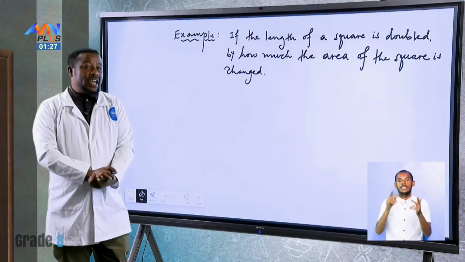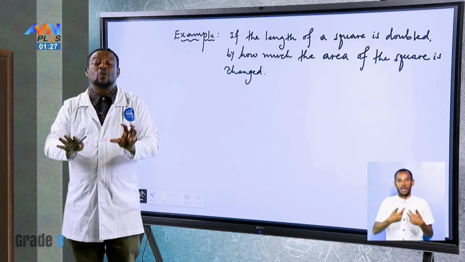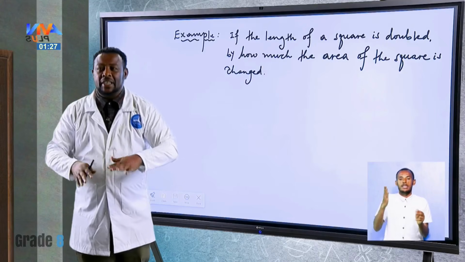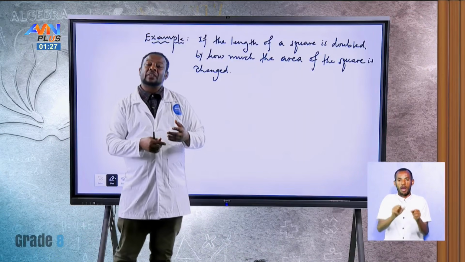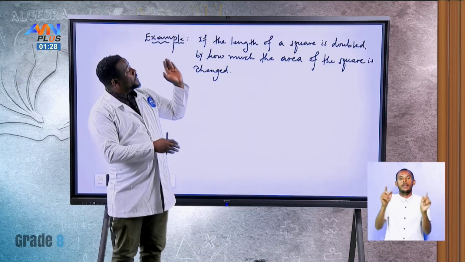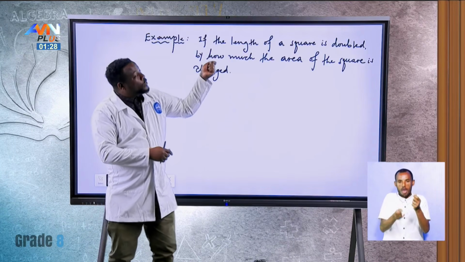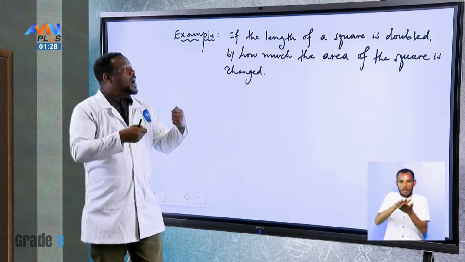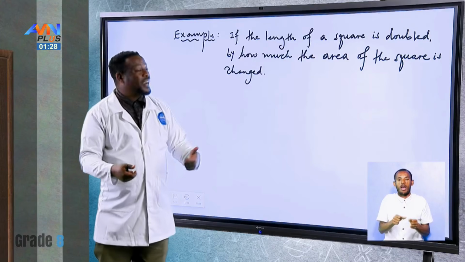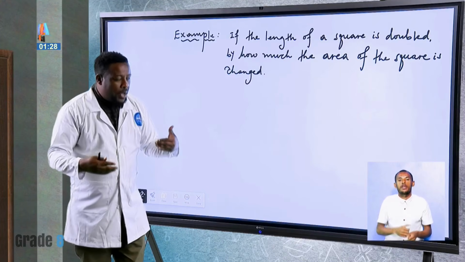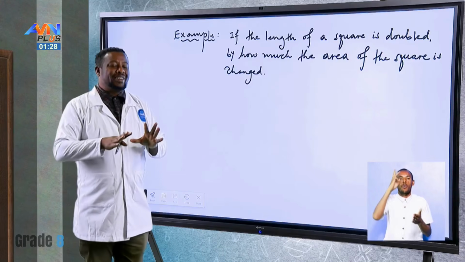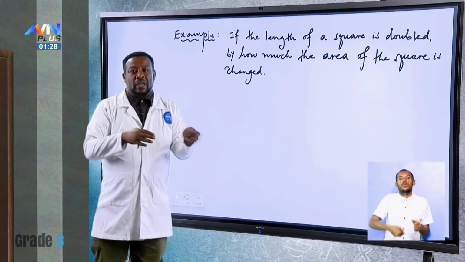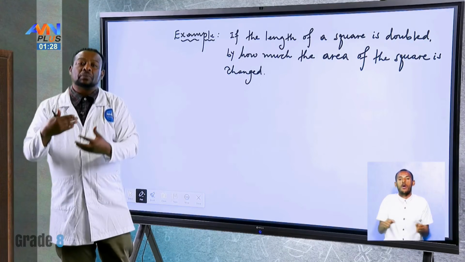In the third example, we have a certain conceptual question. Here, there is no side given, there is no area given for a certain particular square, but it says only: if the length of a square is doubled, by how much is the area of the square changed? So here we will follow a certain general approach to compare the area of the original square with the area of the newly obtained square region.